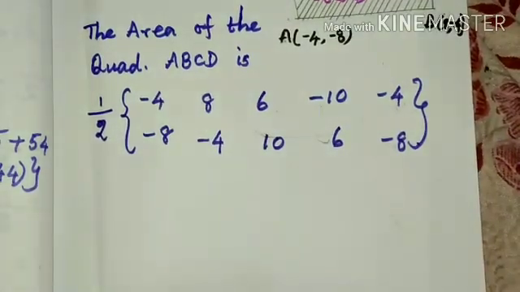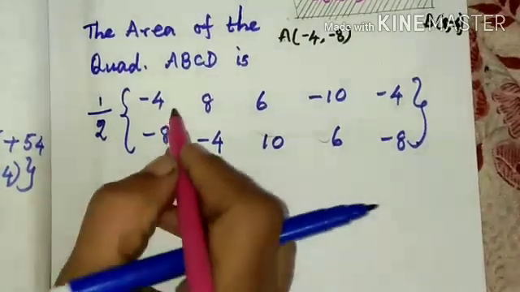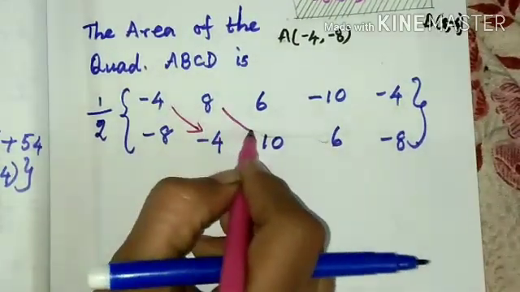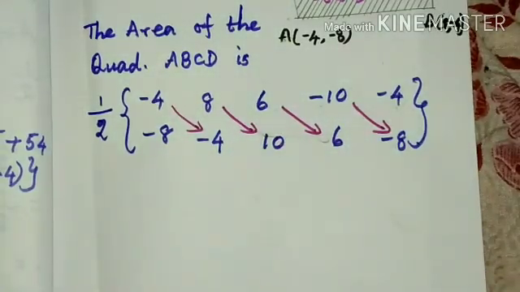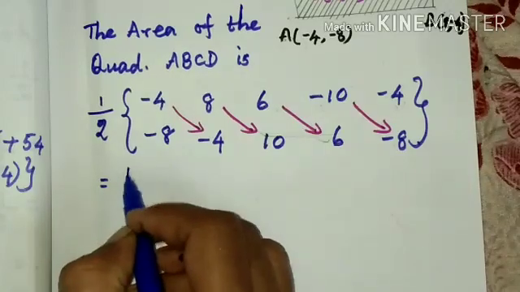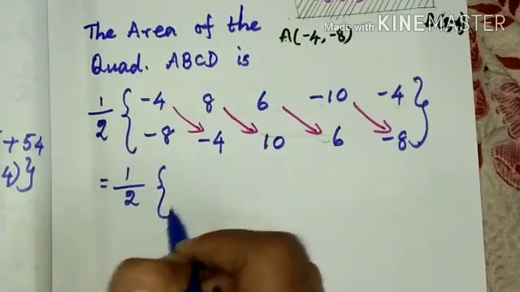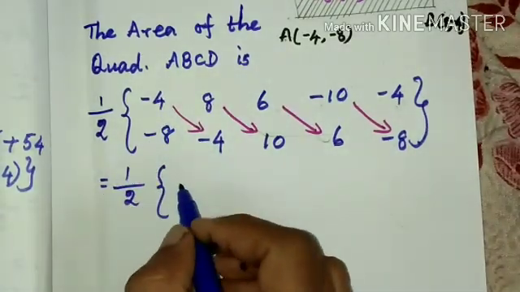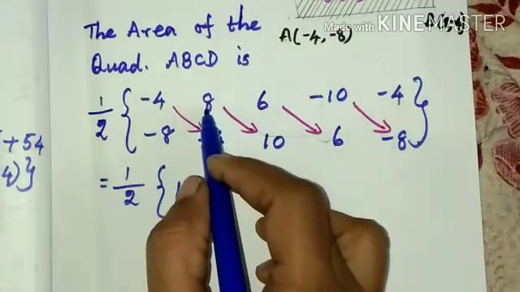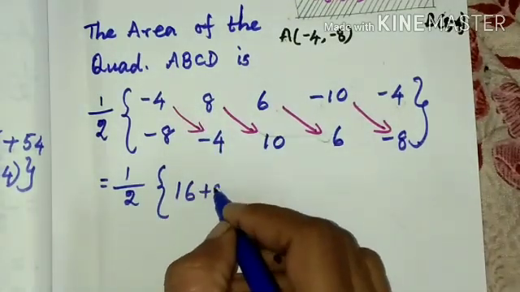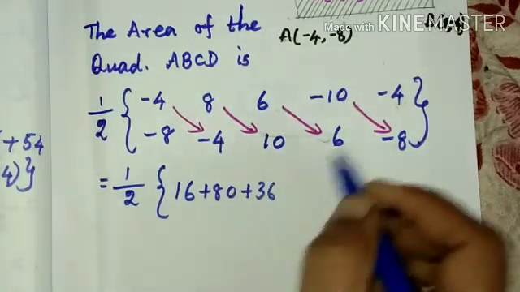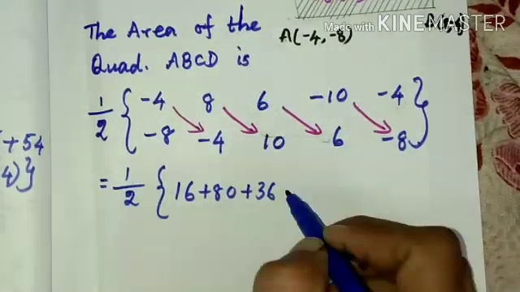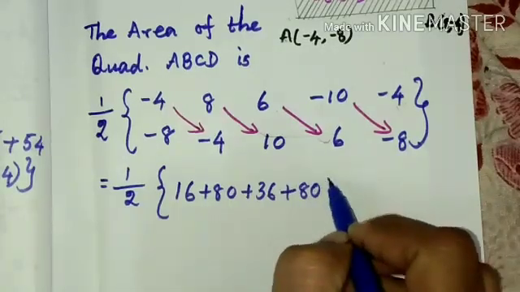Now you have to multiply from top to bottom. That is half into: -4 into -4 is plus 16, 8 into 10 is plus 80, 6 into 6 is plus 36, -10 into -8 is plus 80.